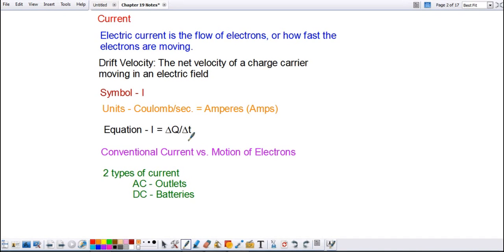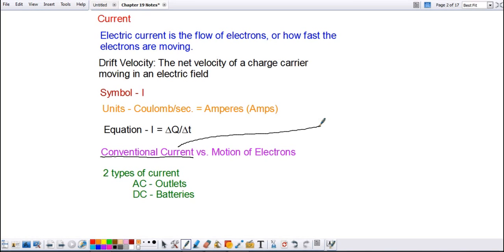Now, we're going to talk about conventional current versus the motion of electrons. Well, conventional current, when current was starting to be talked about, Benjamin Franklin was looking at it, and he was trying to figure out how things were moving, and so he didn't know whether it was the positive charge or the negative charge that was moving.